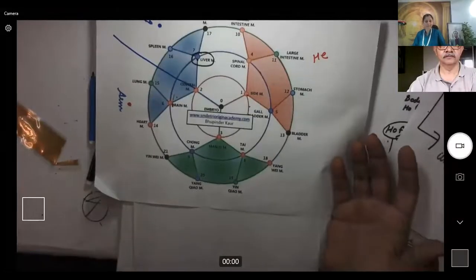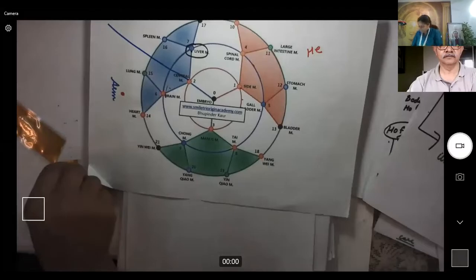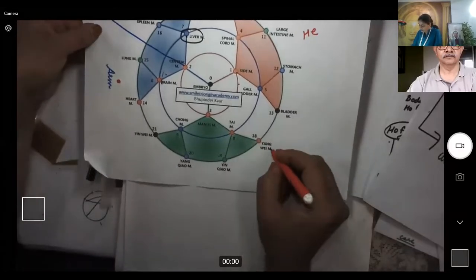Okay, good. Now let's do one or two cases of endocrine gland, thyroid, or we can say diabetes, like this. Very simple. If you understand the pattern, it is very simple. Now, thyroid. So this is thyroid here.